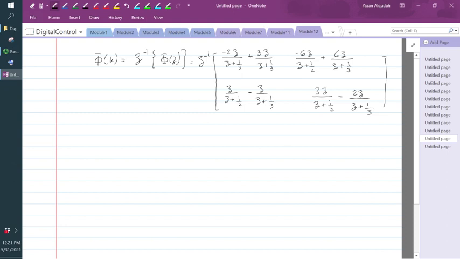Now, since I did the partial fraction expansion, I can easily write phi of k term by term.